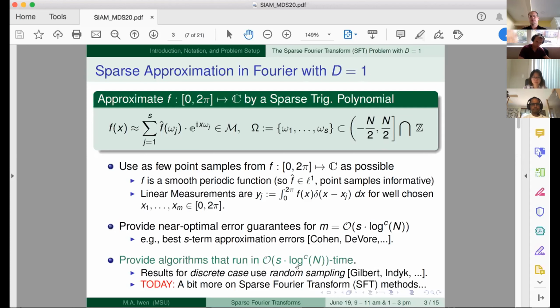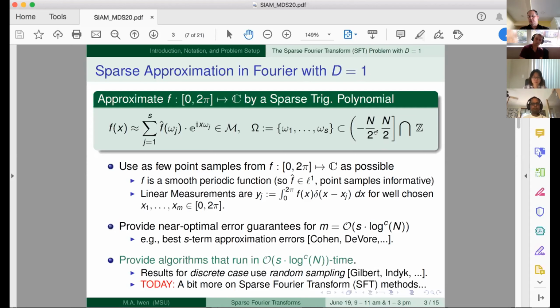Okay, so methods like this are called sublinear-time algorithms because they run faster than the time it simply takes to enumerate the basis functions that could be important to include in your sparse approximation, right? So in the beginning, you hand me an arbitrary f. I have no idea which of these n frequencies are important to include in my approximation.